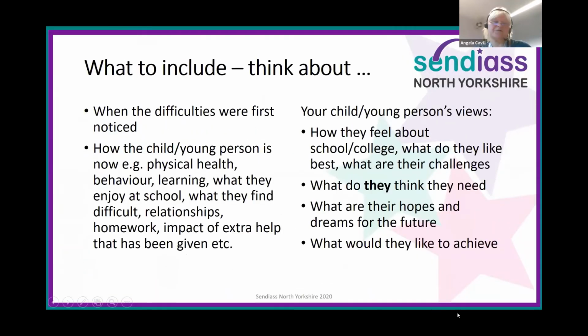Okay, so we've looked at the request letter, and again, it's a very straightforward letter to put together, but you could think about other things to add to the content of the letter.